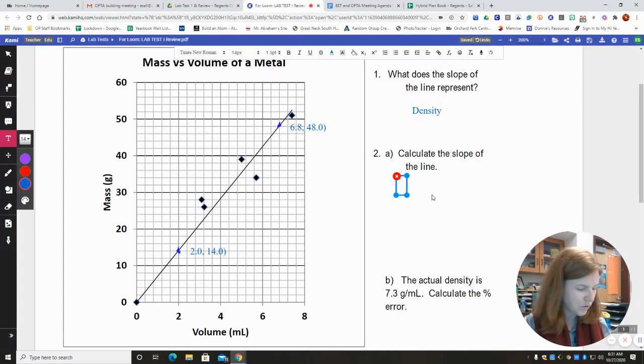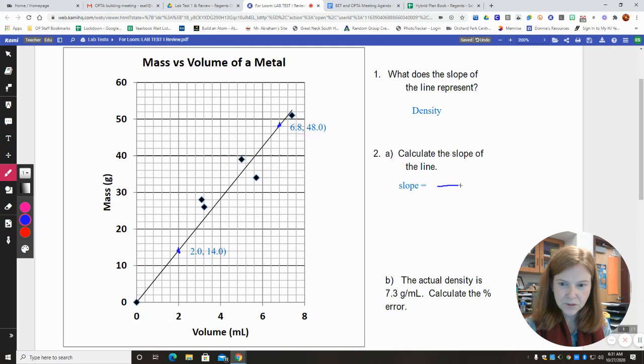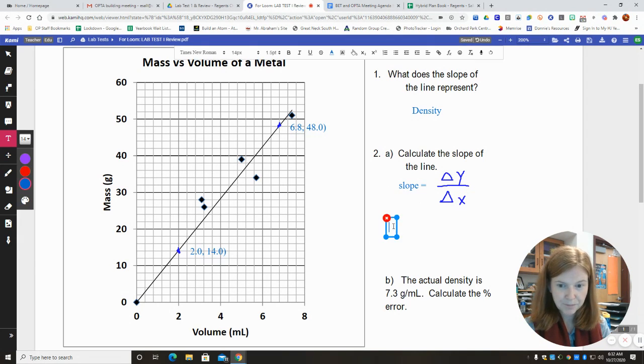So as always, when you are doing a calculation, you want to start with the formula, right? So slope is going to be equal to the change in y over the change in x. Now, there are other slope formulas out there, but this is the one that we are using for this lab.